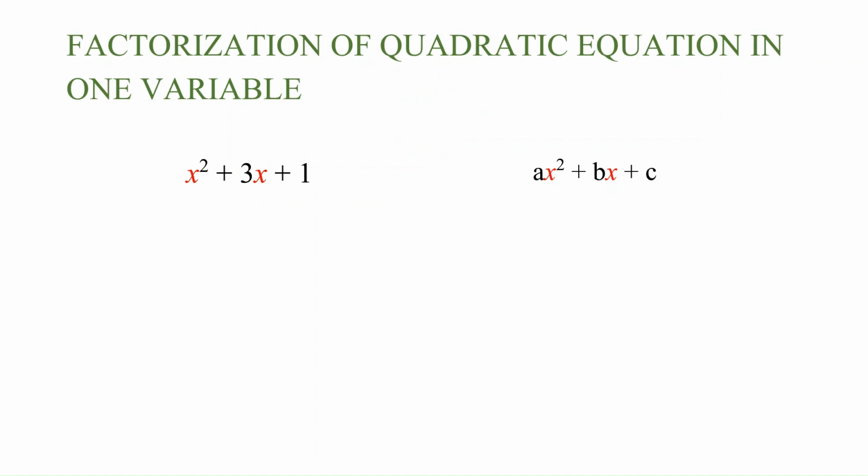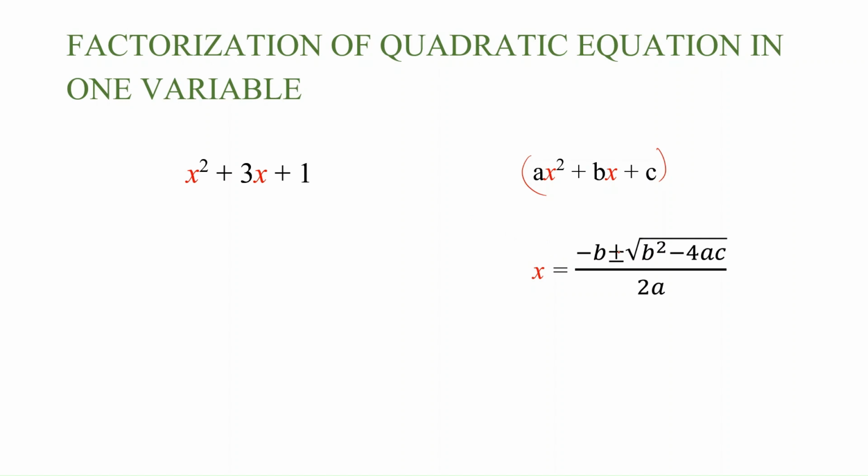Now, when we consider a quadratic equation in the form of ax square plus bx plus c, in that particular case, x can be found using a formula: minus b plus or minus root b square minus 4ac by 2a. Here plus or minus because for a quadratic equation we have two roots, two x values that satisfy the equation.